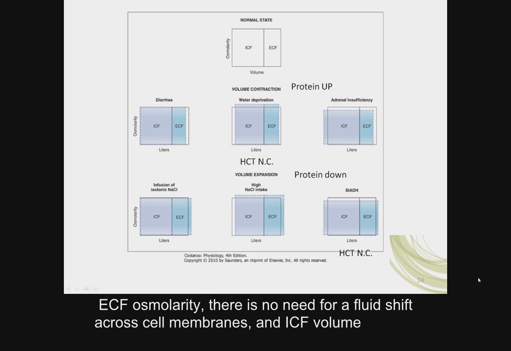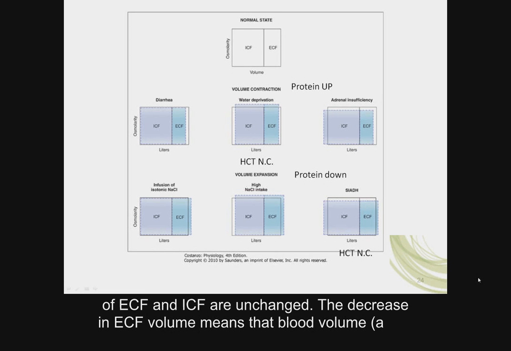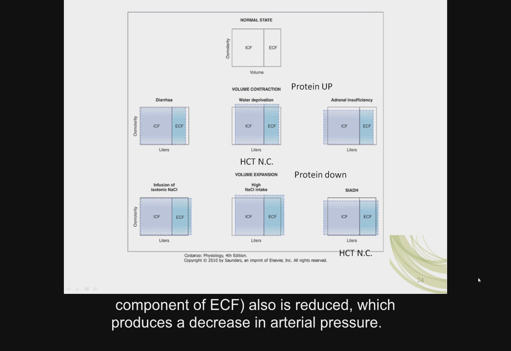The decrease in ECF volume means that blood volume, a component of the extracellular fluid, also is reduced, which causes a decrease in arterial pressure. Other consequences of diarrhea include increased hematocrit and increased plasma protein concentration, which are explained by the loss of isoosmotic fluid from the ECF compartment.